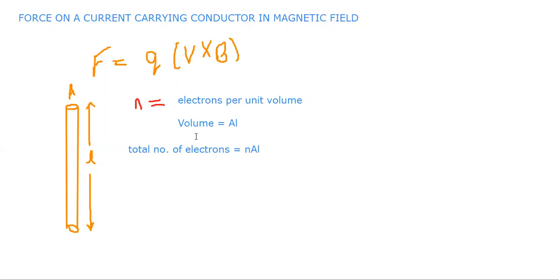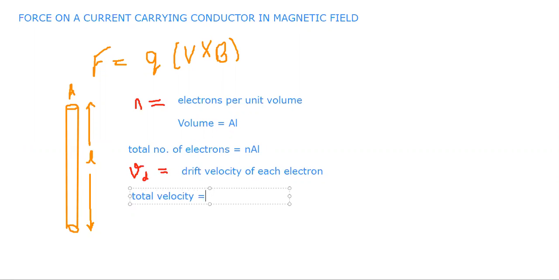Now suppose Vd is the drift velocity of each electron. Then what would be the total velocity? The total velocity would be the addition of the drift velocity of each electron.